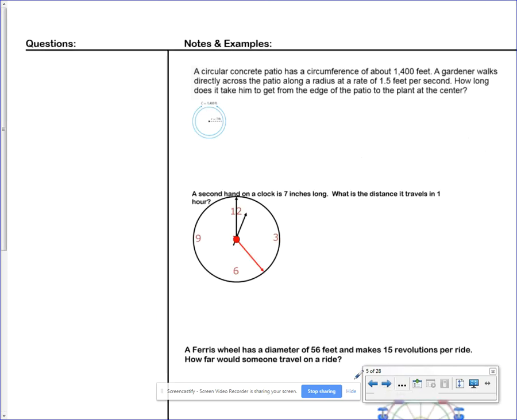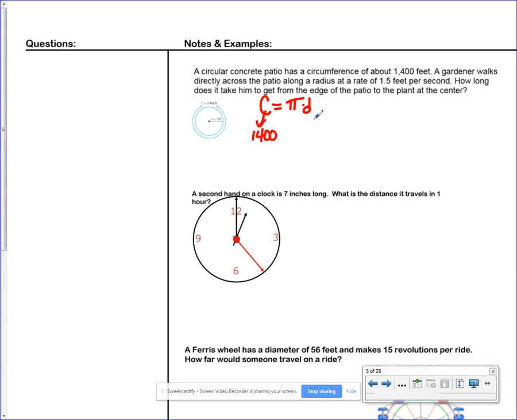All right, this one is a little more challenging. So let's take a look at this one. And I know this is super tiny, so I'll talk about this in a second. Here is a circular concrete patio, and we already know the circumference. The circumference is about 1,400 feet, okay? So here they show you in the picture about 1,400 feet. So when I'm thinking circumference is pi times diameter, this time I already have the answer.